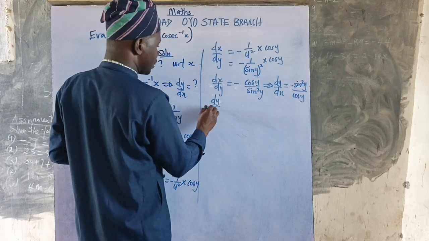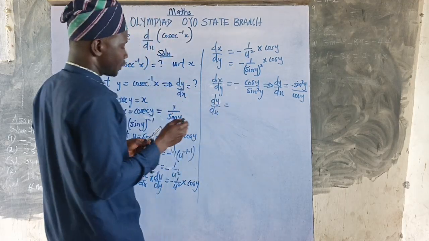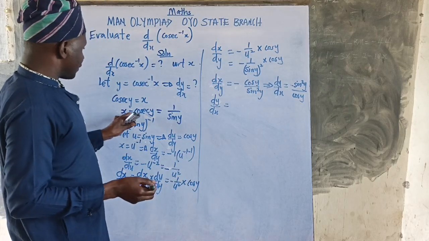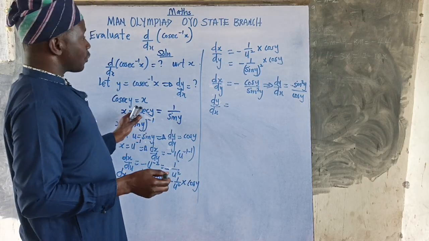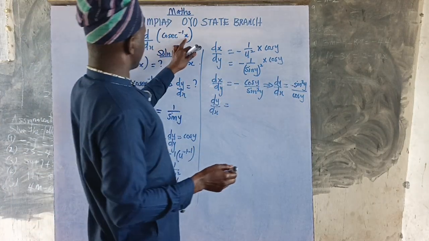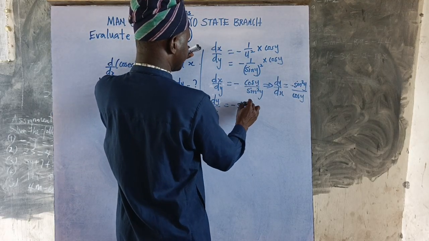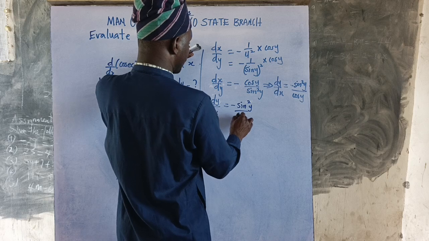So we have obtained dy/dx to be equal to, what is sine x? Or sine y rather, because we are going to express our answer in terms of x, don't forget we are given x here. We have minus sine square y divided by cos y.